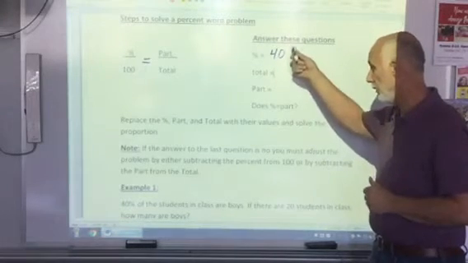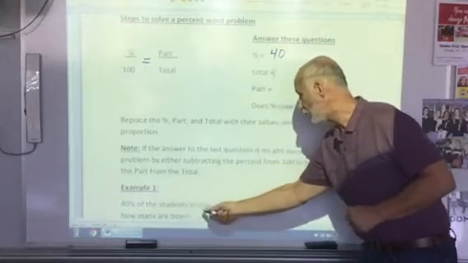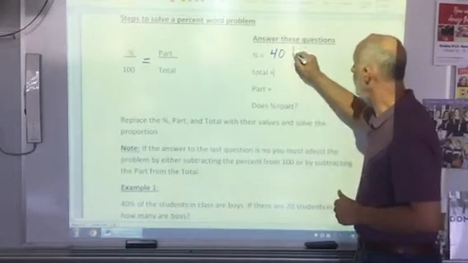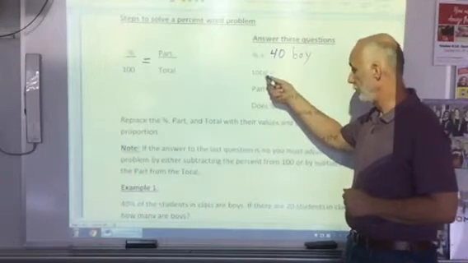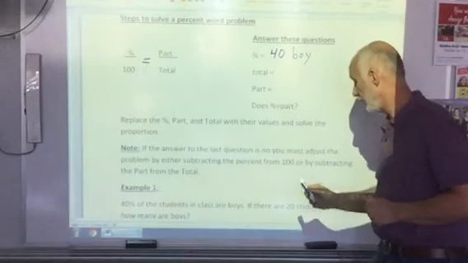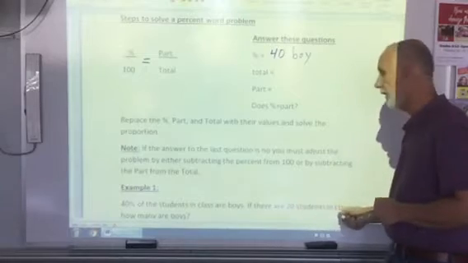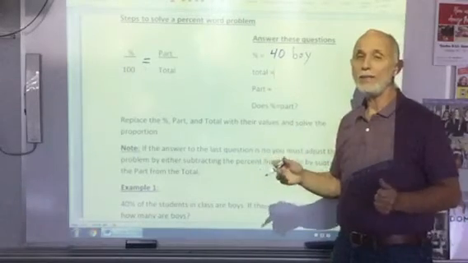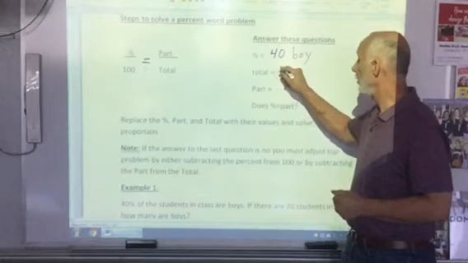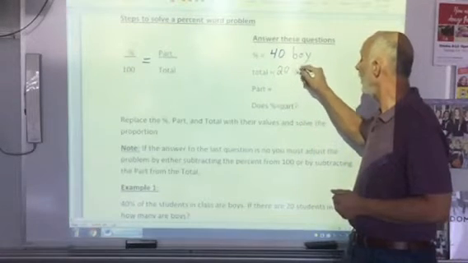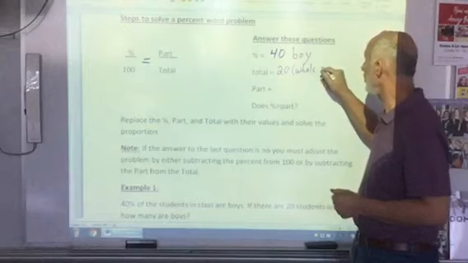And what does the 40% stand for? Students in class that are boys. So 40 is boys. What's your total? It says there are 20 students in the class altogether. That means 20 students, boys and girls, so that's your total. And again, that's the whole class. That's why it's the total.